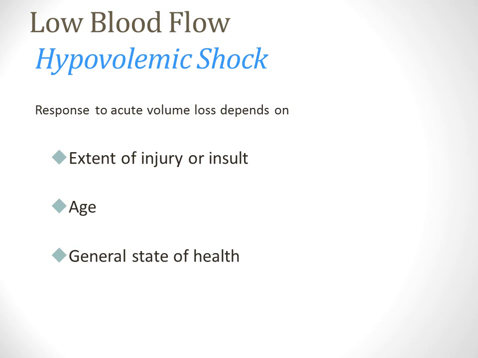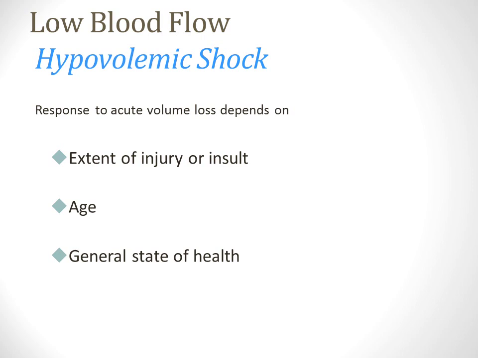So when we say that it's a loss of blood, internal or external, that means that there is a loss of the intravascular fluid volume, not enough blood in the veins.